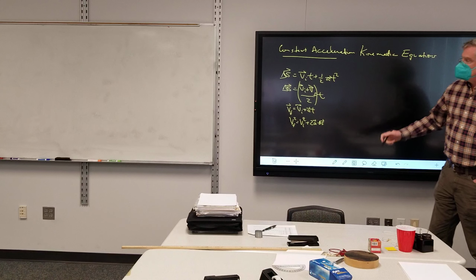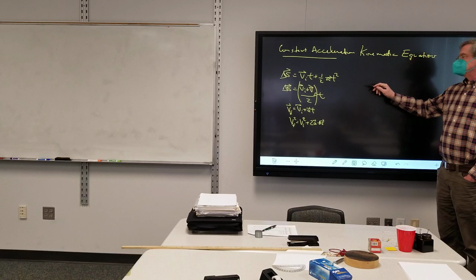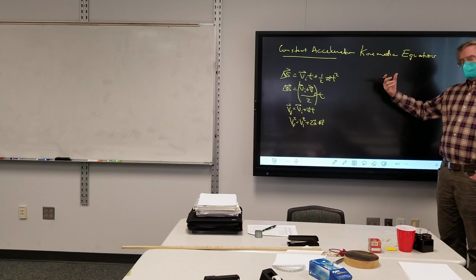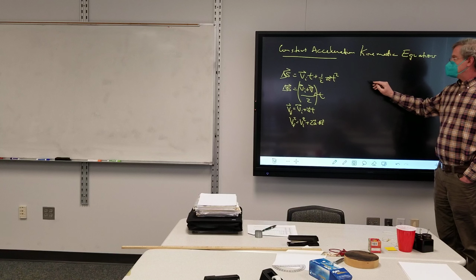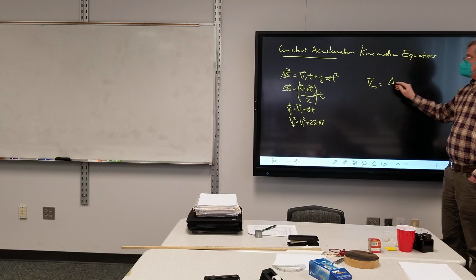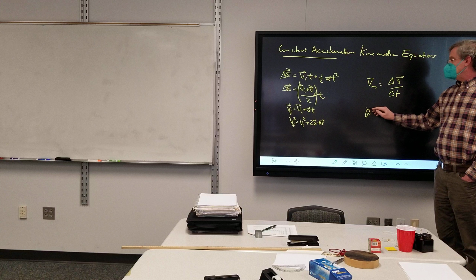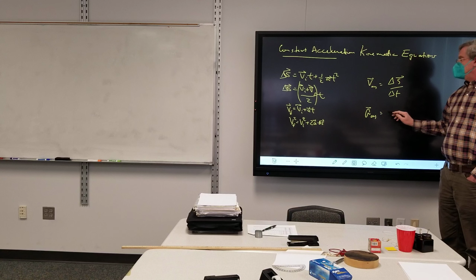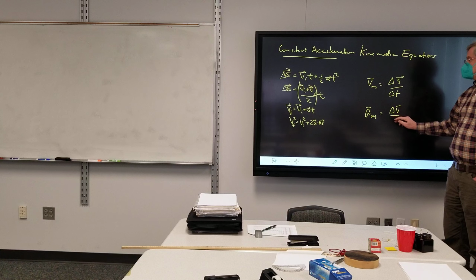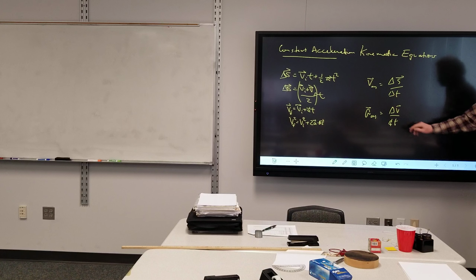Then we get into a couple of equations that are slightly more universal: the average velocity is the change in position over change in time, and average acceleration is change in velocity over change in time. That's supposed to be a delta there.